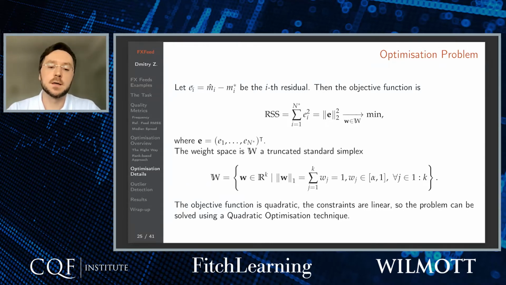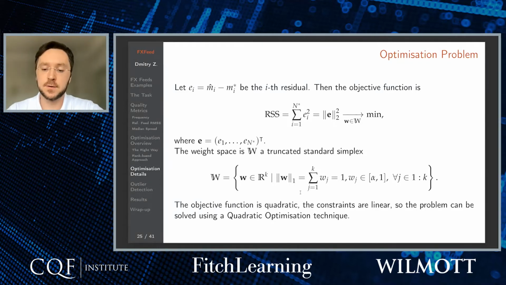The weights are not just random k-dimensional vectors, rather they all lie within the truncated standard simplex. Namely, each parameter vector is a k-dimensional real vector, such that its L1 norm is 1, simply because these are weights.